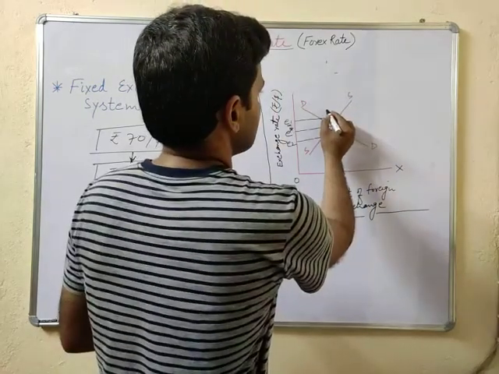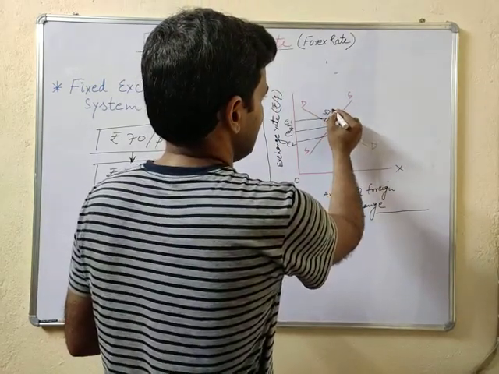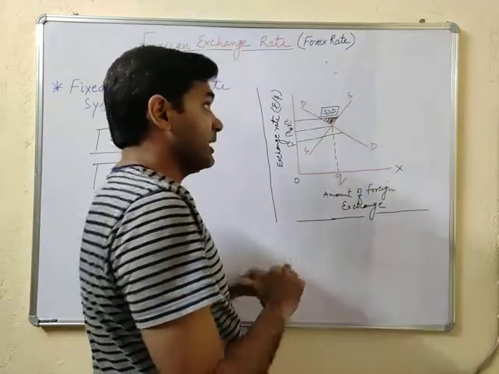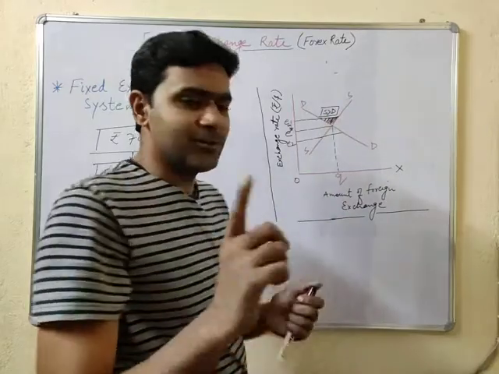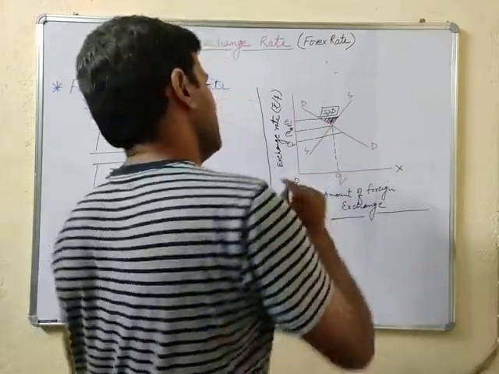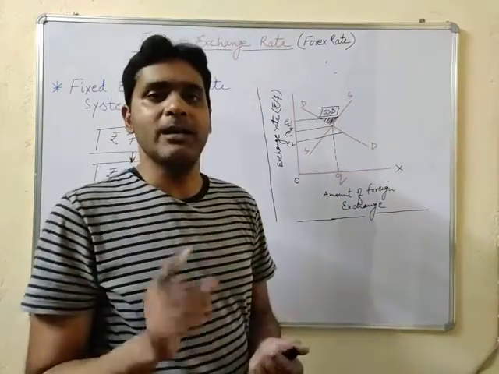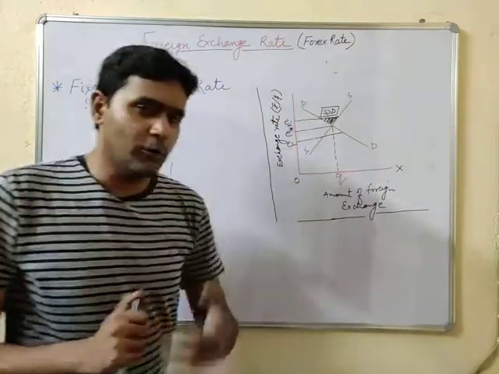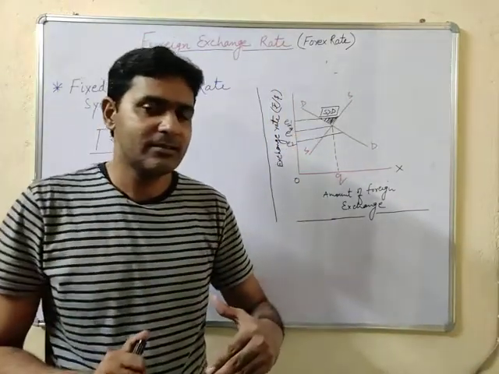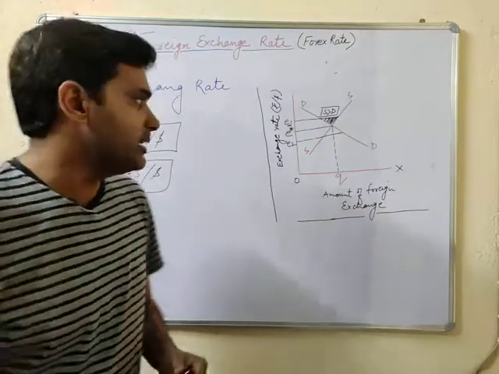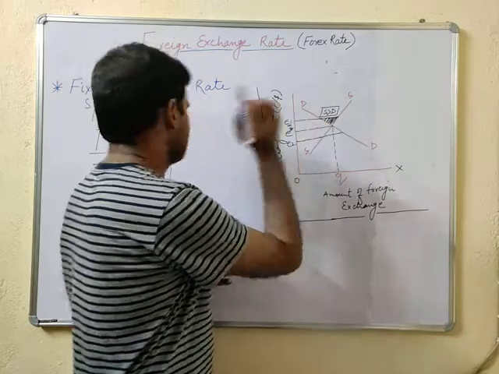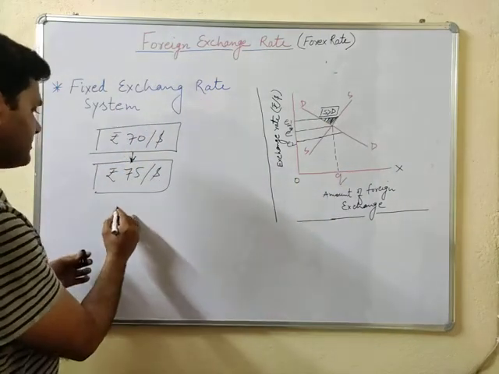The extra supply will be absorbed by the Central Monetary Authority, or what is called RBI in India. And suppose government wants to decrease the foreign exchange supply in our country, so it will decrease the exchange rate.